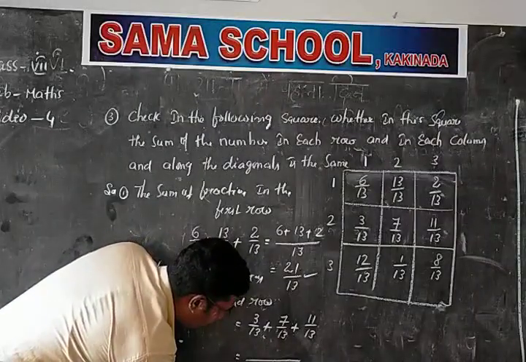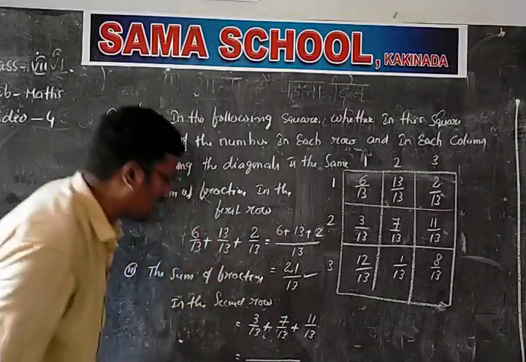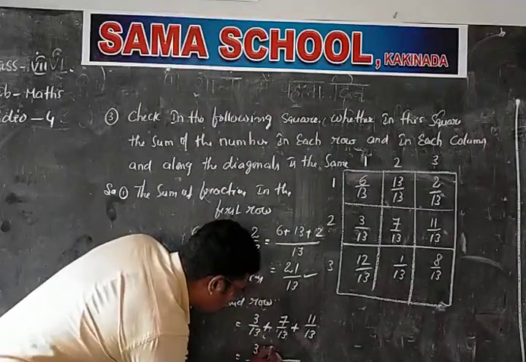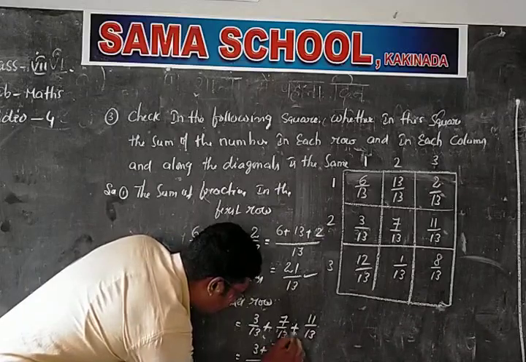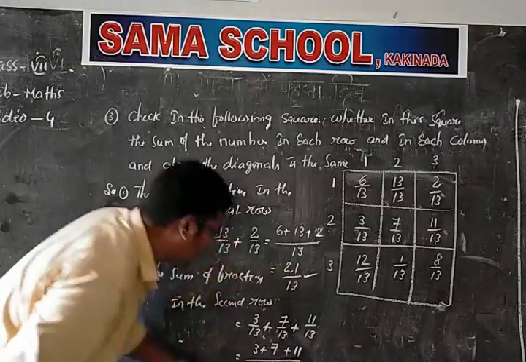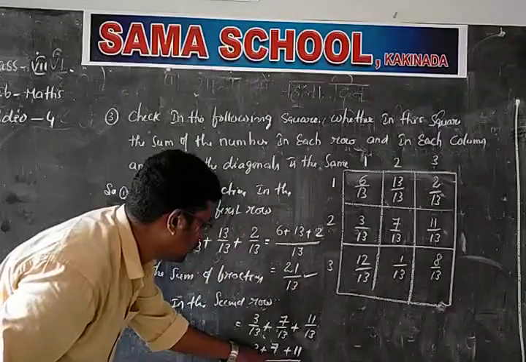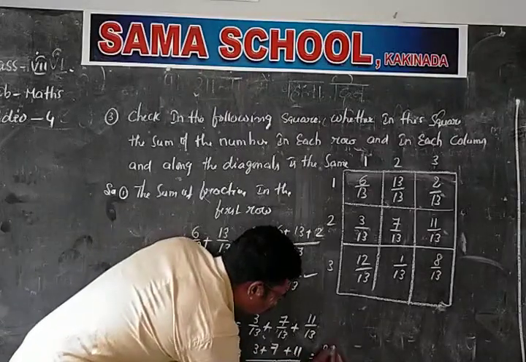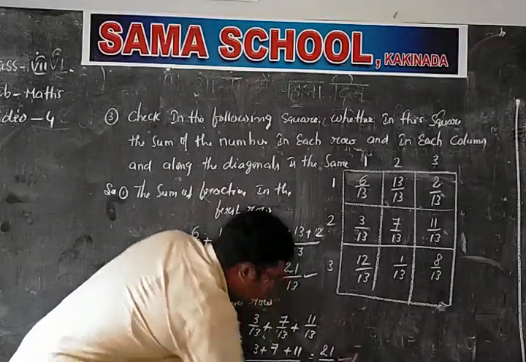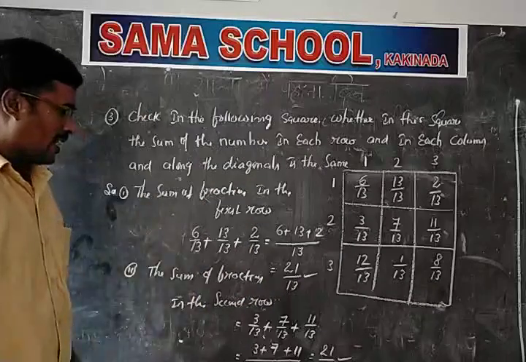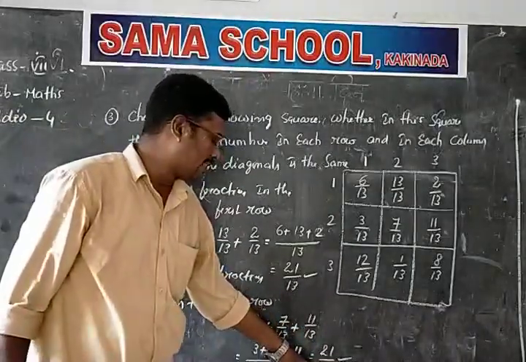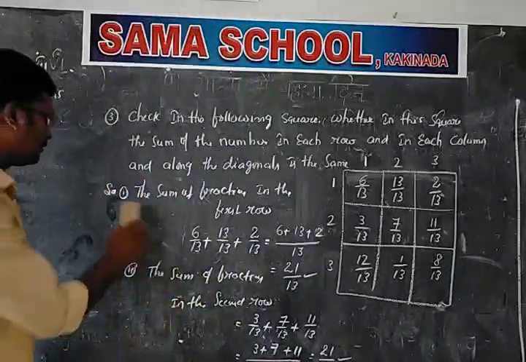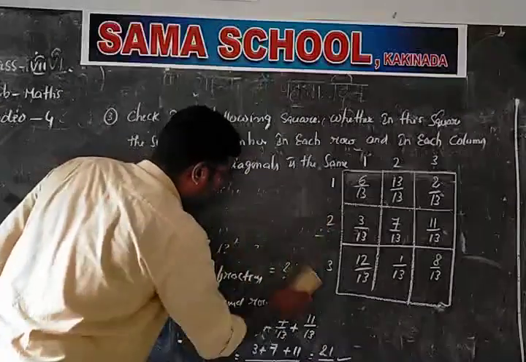The repeated number, 13. 13 is the LCM. Add the remaining numbers: 3 plus 7 is 10, 10 plus 11 is 21. We get the answer 21 by 13. This is also 21 by 13.